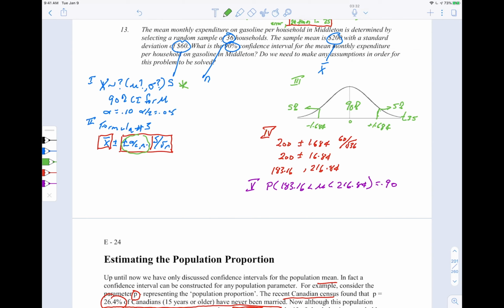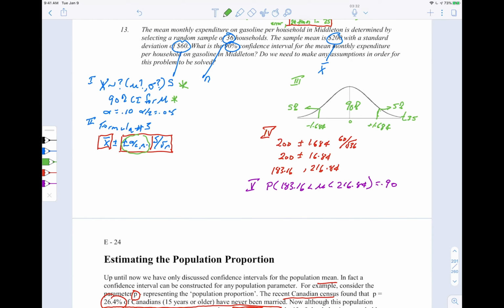Before we get there though, we're looking for a 90% confidence interval for mu, and so 90% confidence means we have a 10% level of significance, and that is the amount of allowable error. Why do we allow any error? Because we can't sample everybody. Okay, and so we can't be 100% sure unless we sample everybody, that is, take a census.